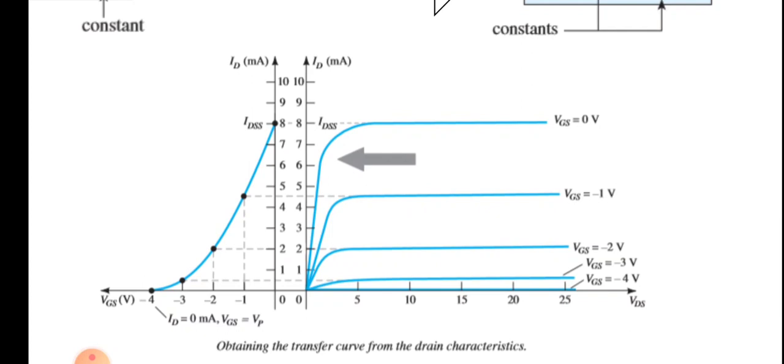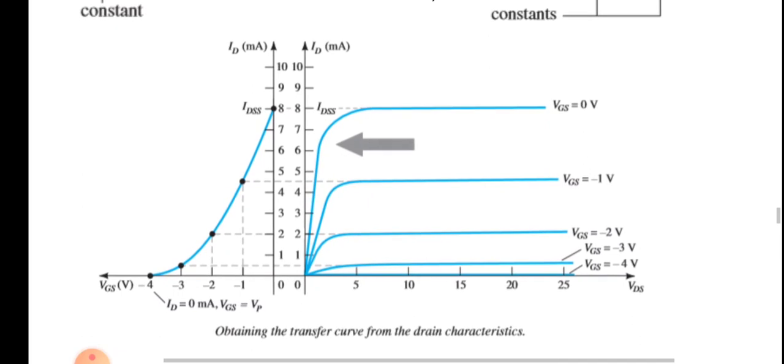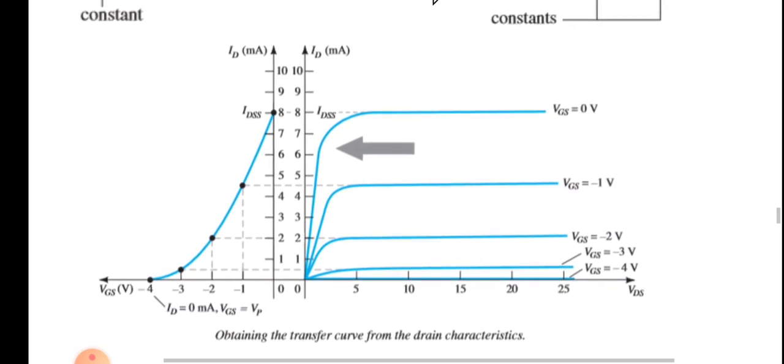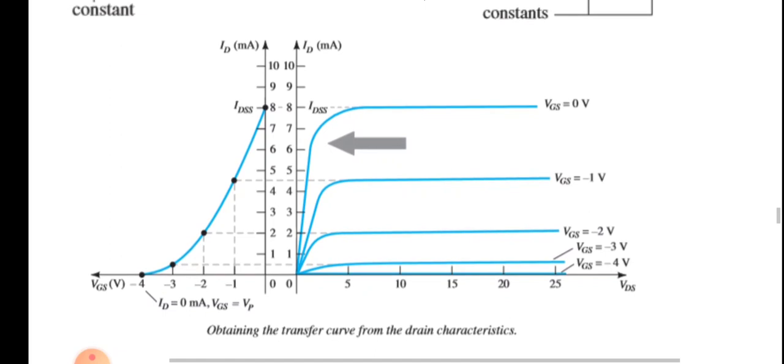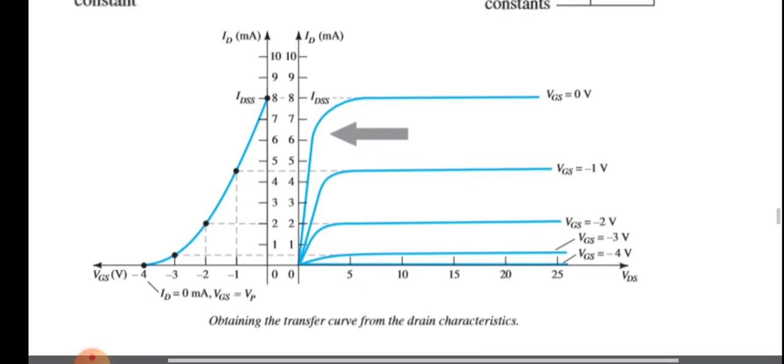So this ID depends on VDS before pinch off, but after pinch off, VDS is not going to influence the ID, but VGS can influence the current, VGS being taken as the input voltage quantity. So the input voltage is actually controlling the current even in the saturation region.